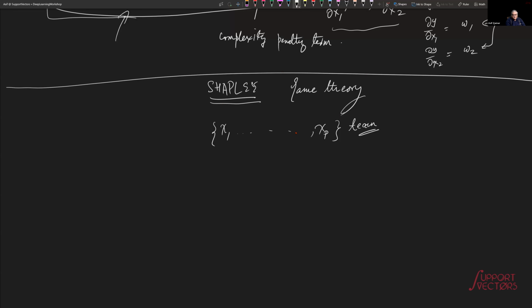Each factor, think of it as a player. And they form coalitions. So when you see data which has all the P factors listed out and the values listed out, and a response variable y hat, either classification or regression, now the question is, how much is each of these players contributing to y? How much importance or contribution do you give?